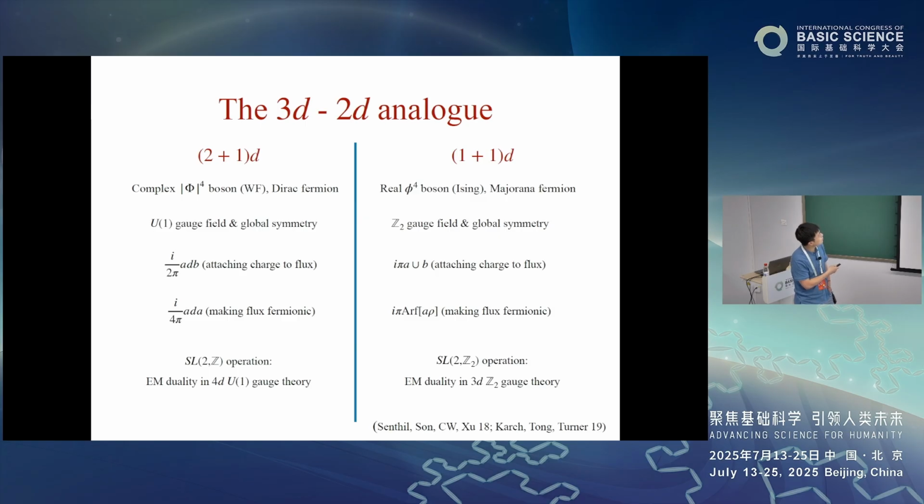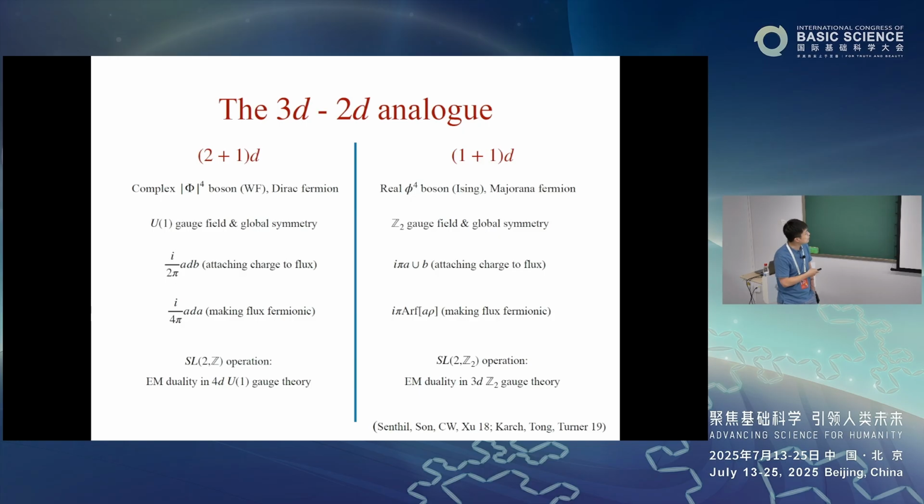As I mentioned, the role of the complex Wilson-Fisher boson and Dirac fermion is somewhat parallel to the Ising scalar and Majorana fermion in 2D, with U1 gauge field and global symmetry parallel to Z2 gauge field and global symmetry. That's how you compare boson-vortex duality to Kramers-Wannier, and 3D bosonization to Jordan-Wigner.